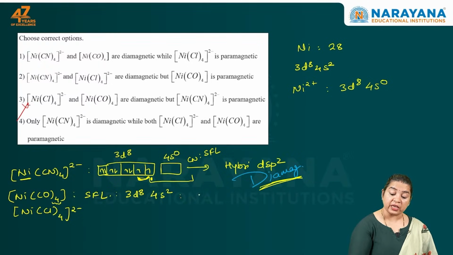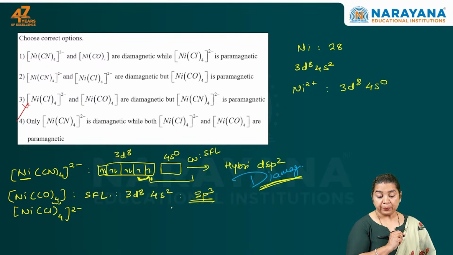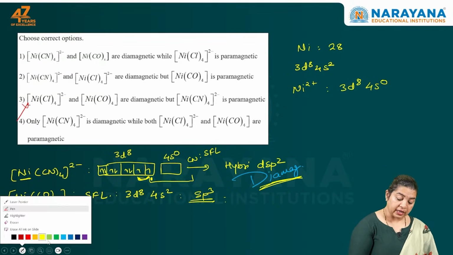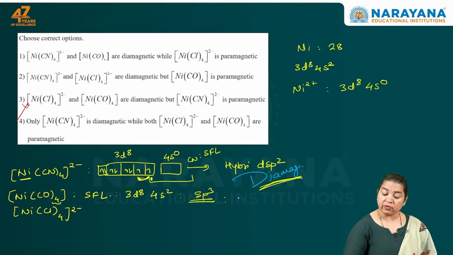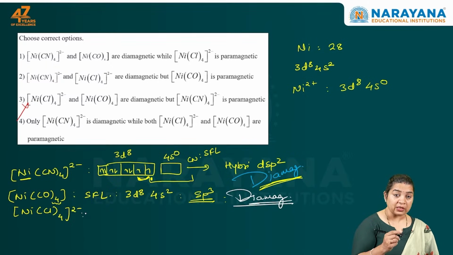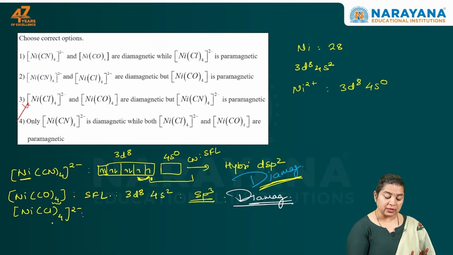Even if pairing is done, hybridization will be sp3, but the number of unpaired electrons is going to be 0, so again we will call it a diamagnetic compound. So, I want the CN4 and CO4 complexes as diamagnetic, and if so, option number 1 seems to be okay. Let us check this last one, [NiCl4]2-, where nickel is in 2+.